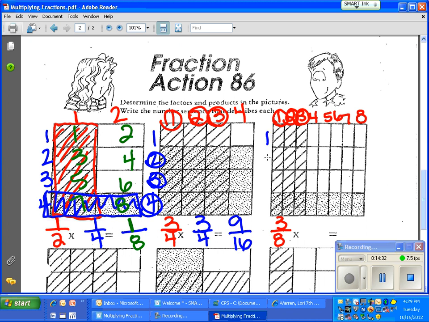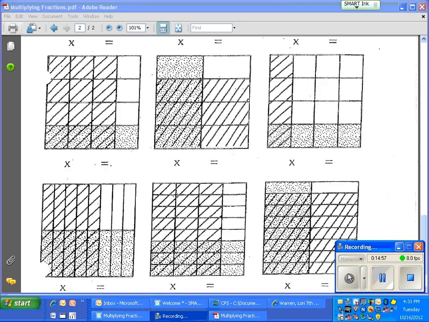We have 1, 2, 3, 4 rows. So that's our denominator. And how many of those rows are shaded? Only 1 is shaded. So there are 32 individual squares, and only 3 of them are shaded and dotted. Okay, so you guys try the next 3 on your own.